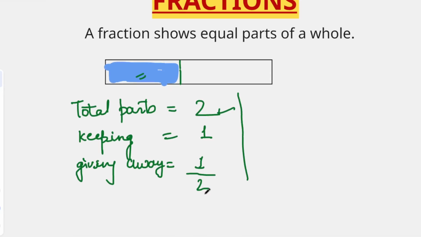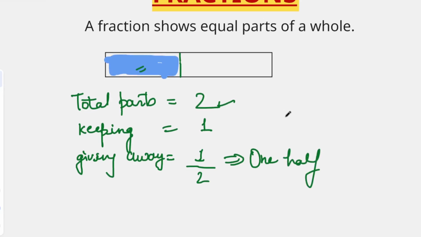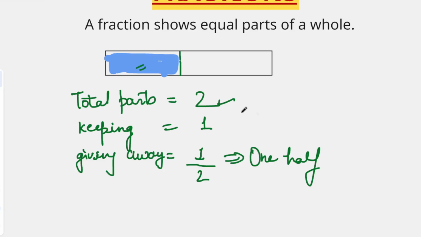You are giving 1 upon 2, or we can call it 1/2. So 1/2 of the chocolate you are giving to your friend and 1/2 you are keeping to yourself, because you are keeping one part out of the two parts to yourself, right? So this is how we represent a fraction.